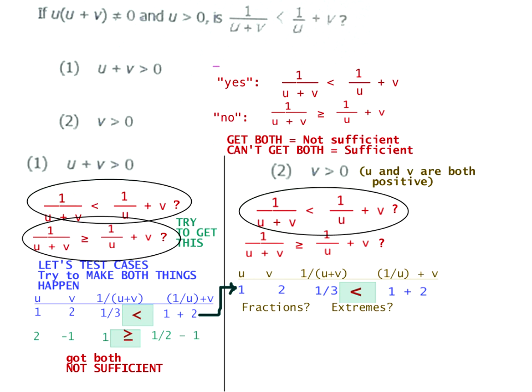Let's just go for broke and call it 1 over 100. So 1 over u plus v is 1 over very close to 1. So it's 1 over a little bit more than 1. So that's a little bit less than 1.